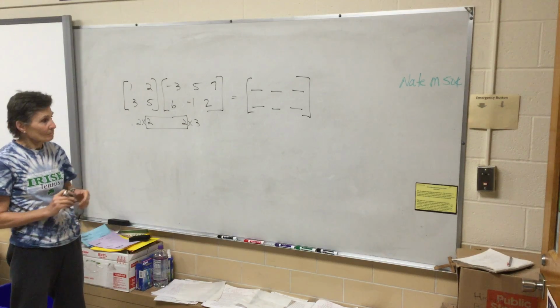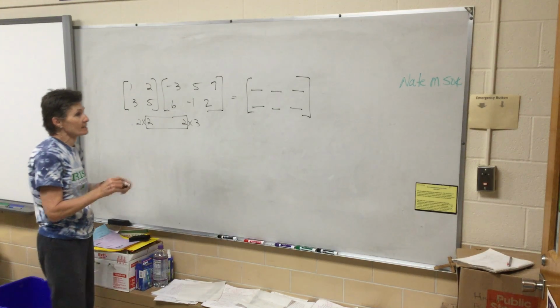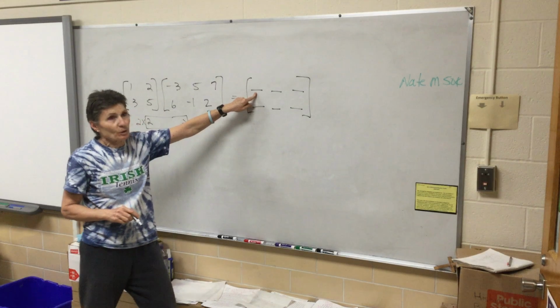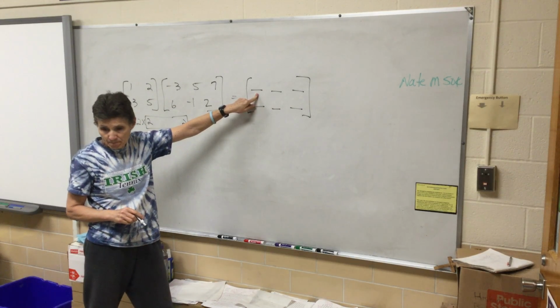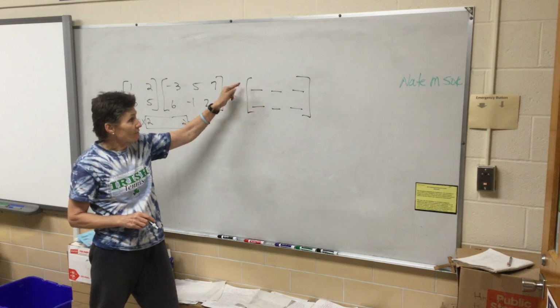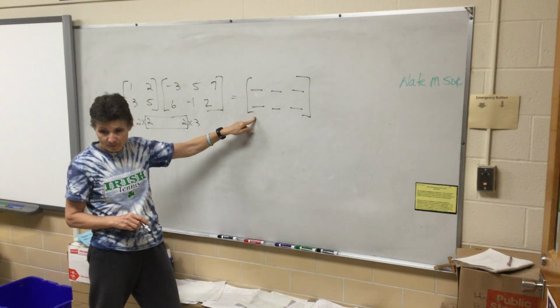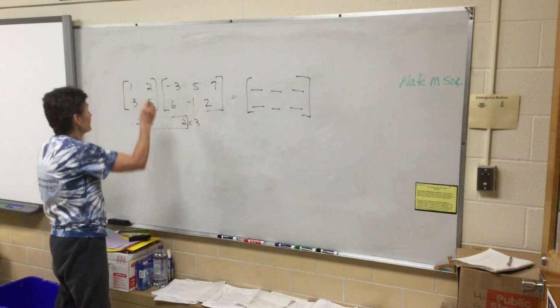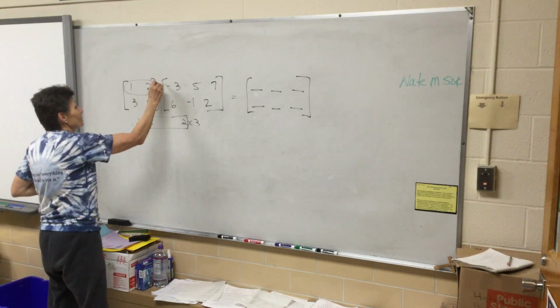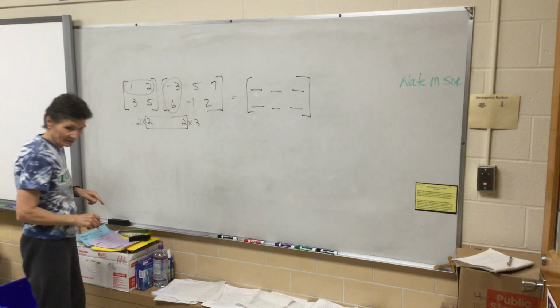Okay, now this is where we have to be really organized. If we want to figure out what number goes here in this spot, that is in the first row and the first column, right? So for the first one you do the rows, second one you do columns, exactly.